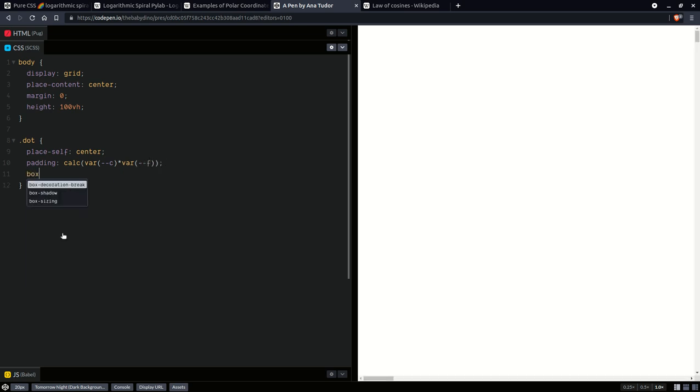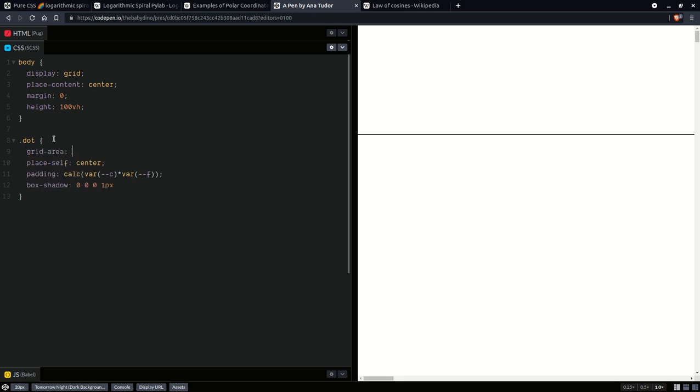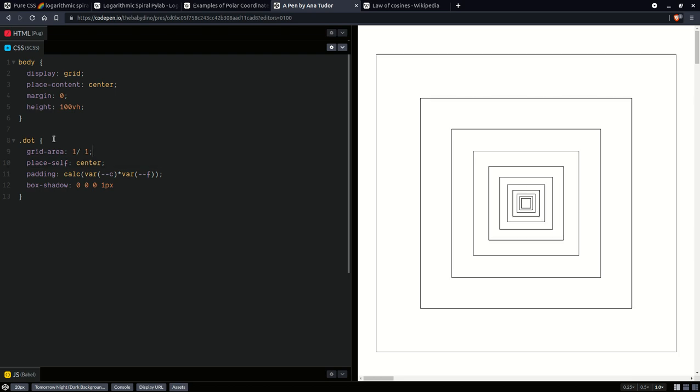And let's set box shadow, something like that. Grid area, we want them all stacked one on top of the other, so they all occupy the same cell at the intersection between the first row and first column. And one more thing I want here, set overflow hidden.